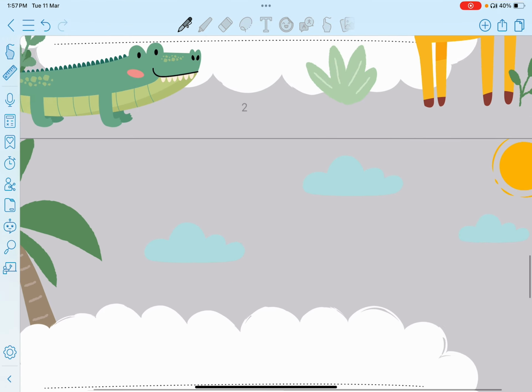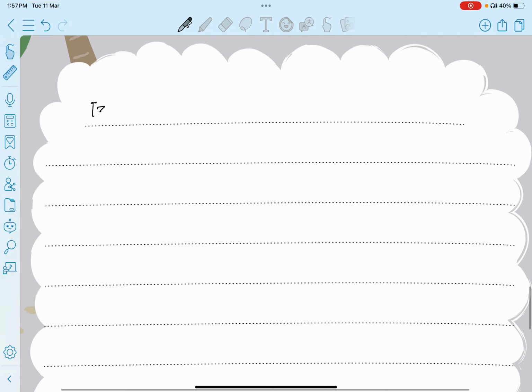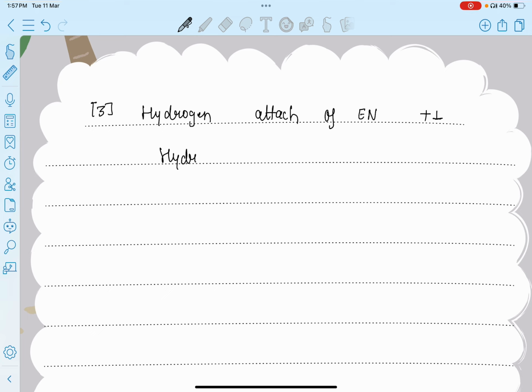Okay. Now move forward. The rule number 3. So hydrogen atom has two types of oxidation state in its compounds. If hydrogen is attached to an electronegative element, then the oxidation state of hydrogen is +1, and if hydrogen is attached to an electropositive element, then its oxidation number is -1.